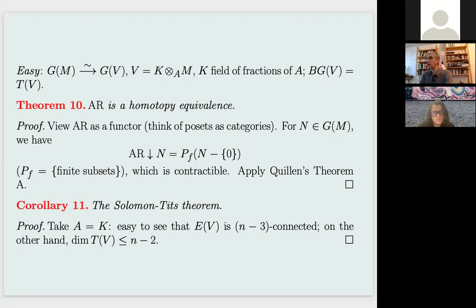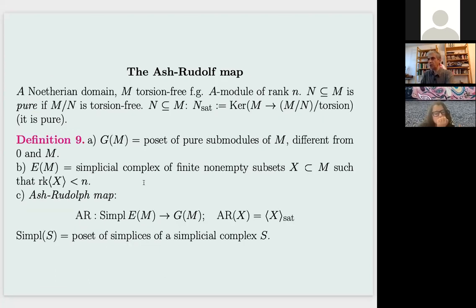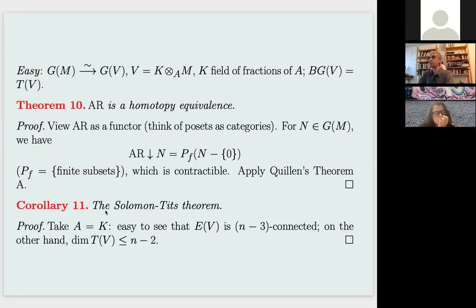And then if I'm over K, then it's basically a tautology that the classifying space of G of V, viewed as a simplicial complex, is the Tits building of V. And then the point is that this Ash-Rudolph map that I wrote before is a homotopy equivalence.